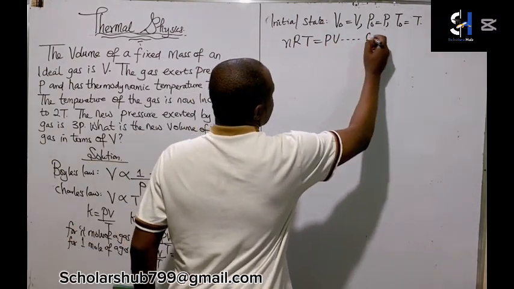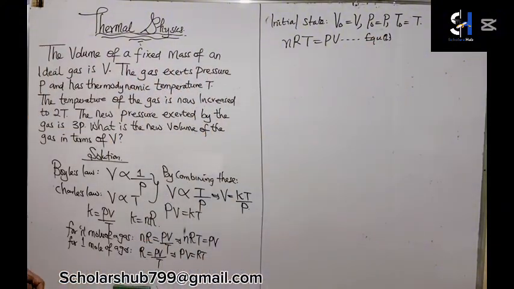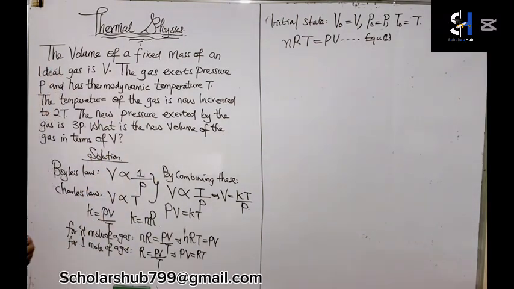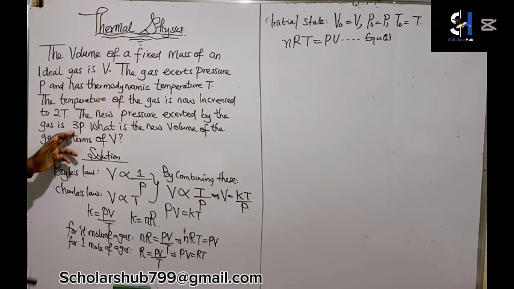Let's say this is the first equation. Remember, we want to write the new volume in terms of V, the original or first volume of the gas, before the pressure becomes tripled and the temperature becomes doubled.